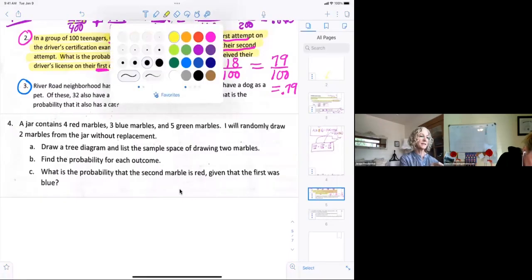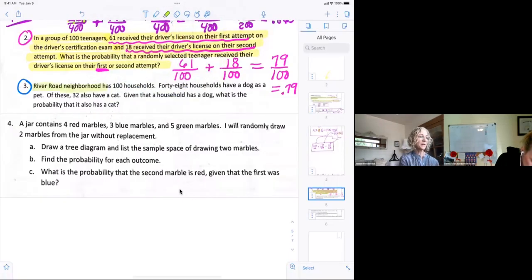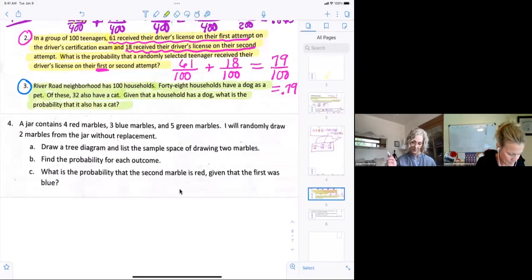Number 3 says, River Road neighborhood has 100 households. 48 households have a dog as a pet. Of these, 32 also have a cat. Given that the household has a dog, what is the probability that it also has a cat?